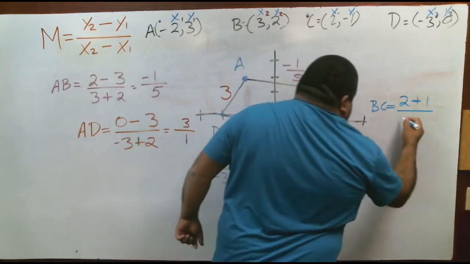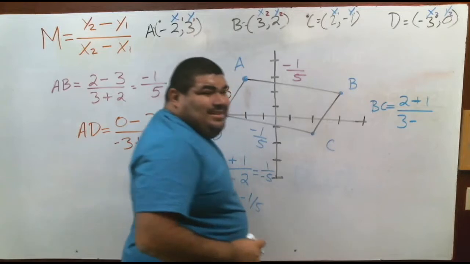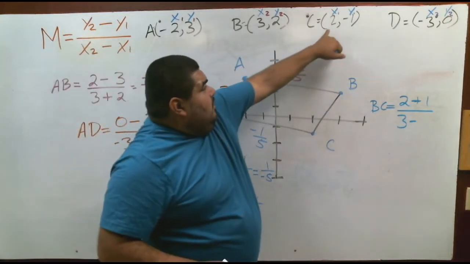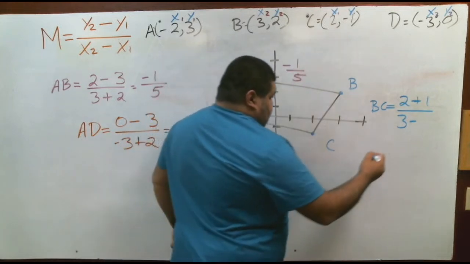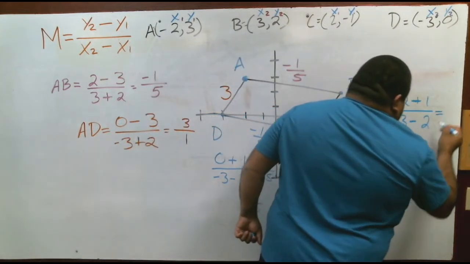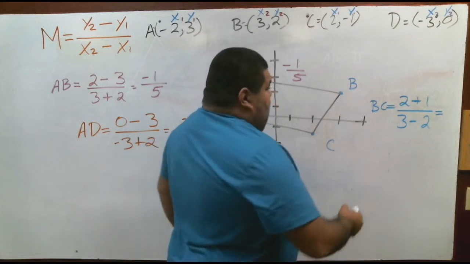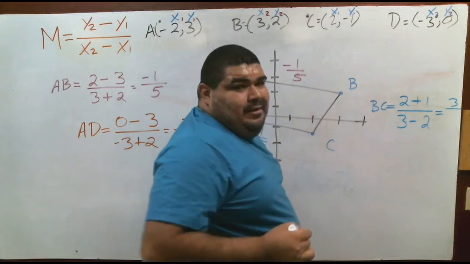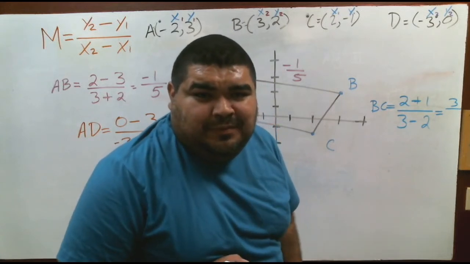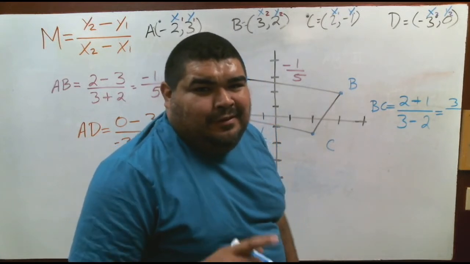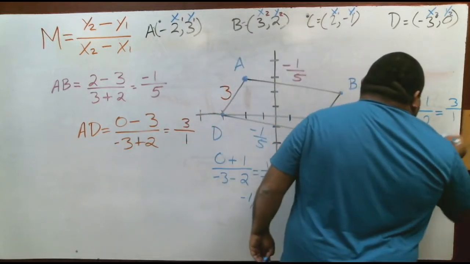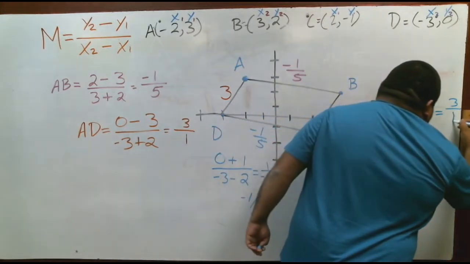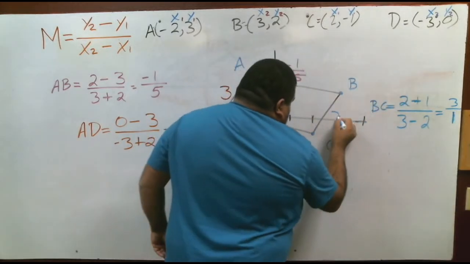So we have 3 minus x1, which is 2. Our answer is 2 plus 1 is 3, over 3 minus 2. Remember, you're subtracting. It's 1. So 1 can go into 3 times, right? So your answer is 3.